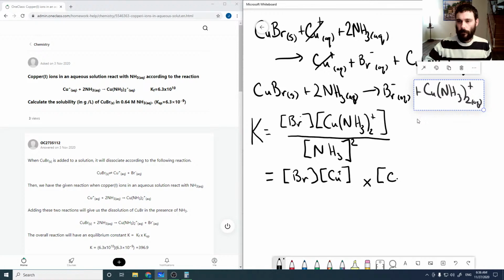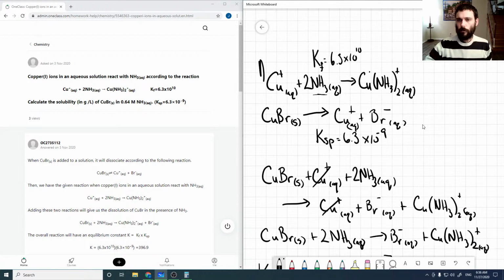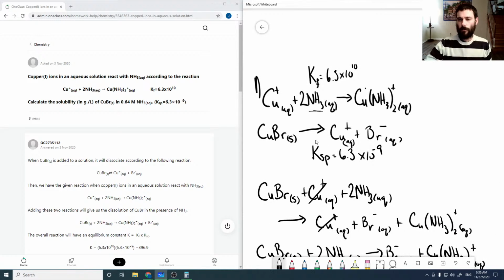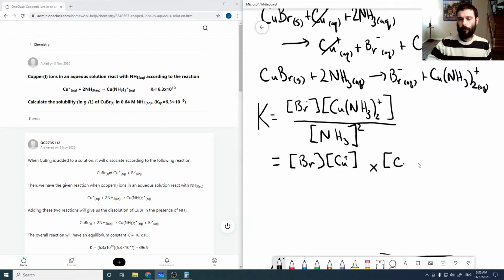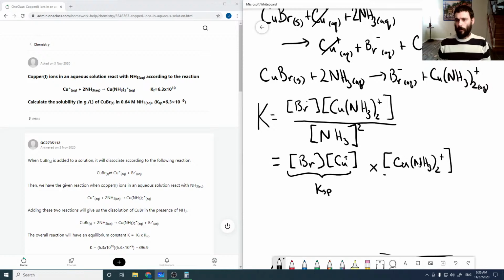I need to actually see the reactions. So we can represent it as our two reactions. So the first one I just wrote is actually the KSP, and this here would be our KF that we're given.